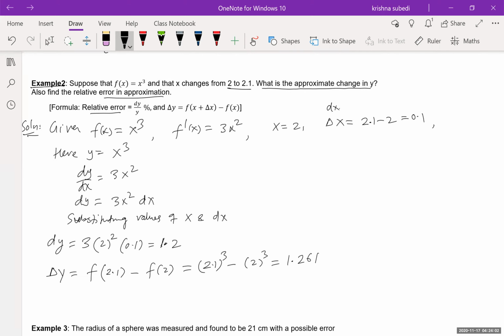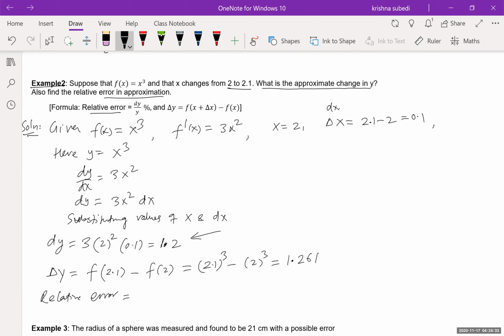Now let us find the relative error. The actual change in y is 1.261, but the approximate change in y is 1.2. So if we use this linearization technique, the tangent line method, you got 1.2, but the actual change is 1.261. So there is some error, right?